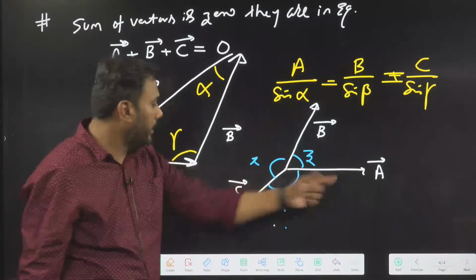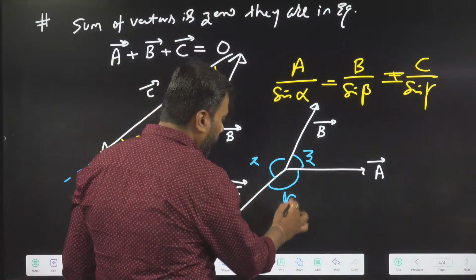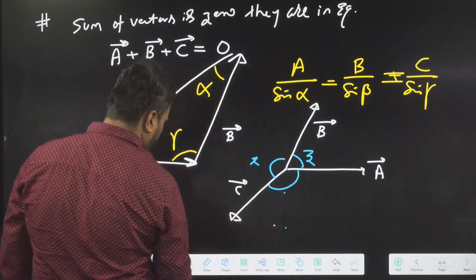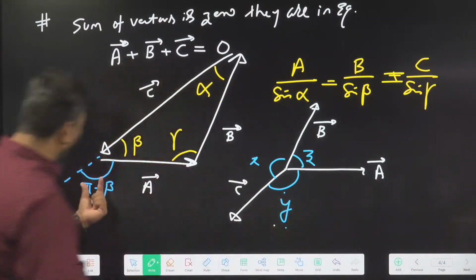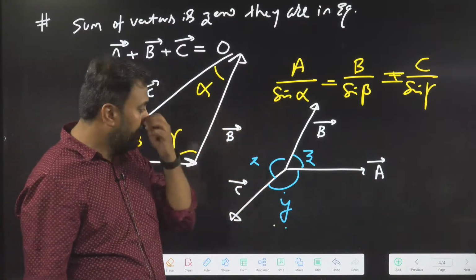I was taking this as Y. So pi minus beta, I am calling it Y. So I have called the angles X, Y, Z here.